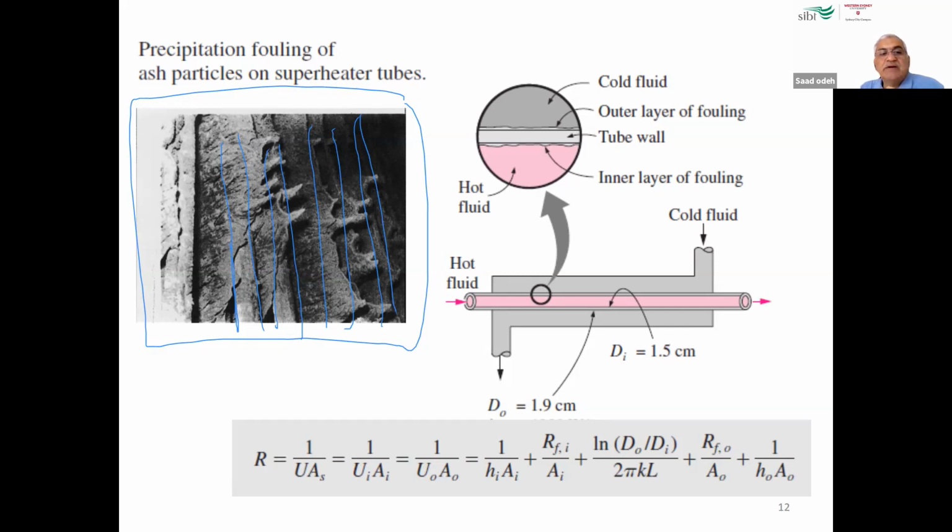And this layer is actually a thermal resistance to the heat transfer. So leaving this layer a long time will reduce the efficiency of the boiler, which means that we'll lose energy and lose money at the end. So there must be maintenance from time to time to remove these layers from the boilers.